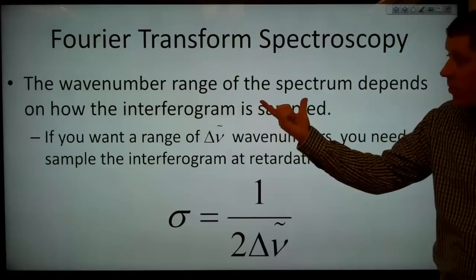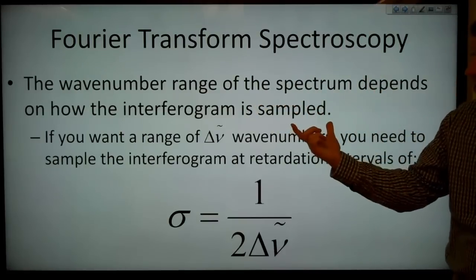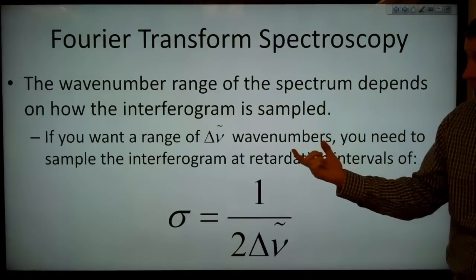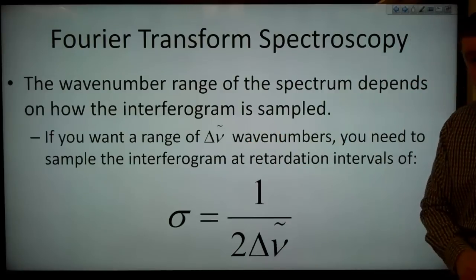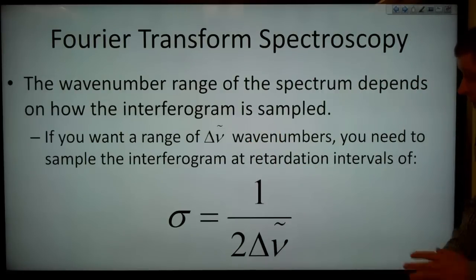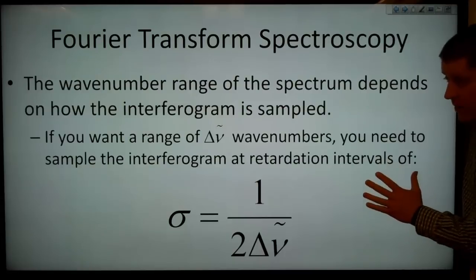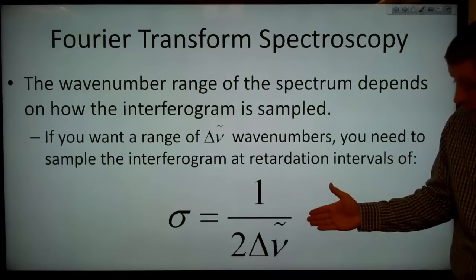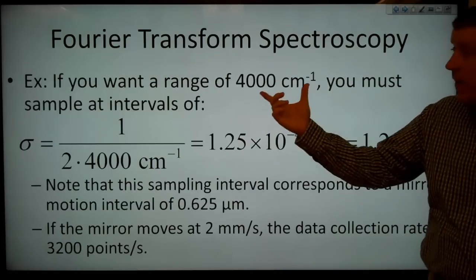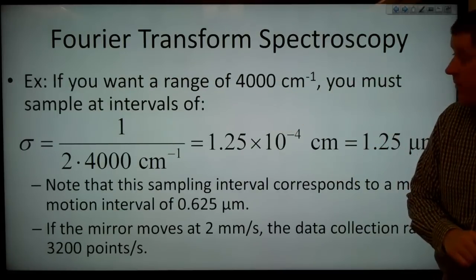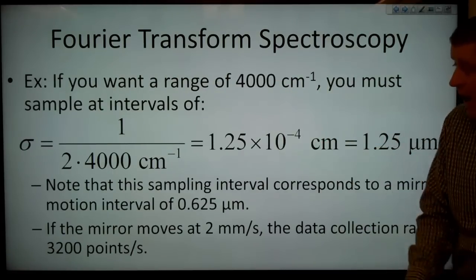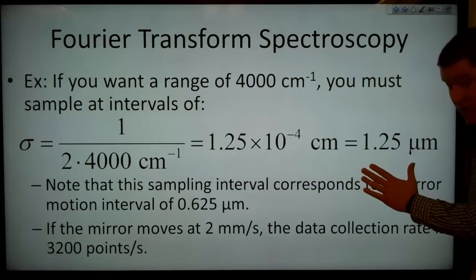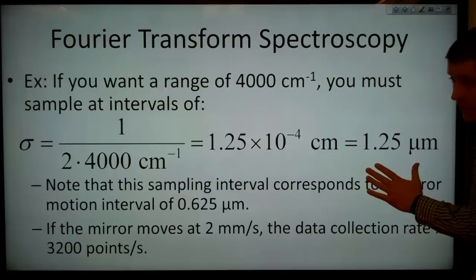So the wave number range of the spectrum depends on how the interferogram is sampled. If you want a range of delta nu wave numbers, then you need to sample the interferogram at retardation intervals of 1 over 2 delta nu. For example, if you want a range of 4,000 wave numbers, then you must sample at intervals of 1.25 microns.